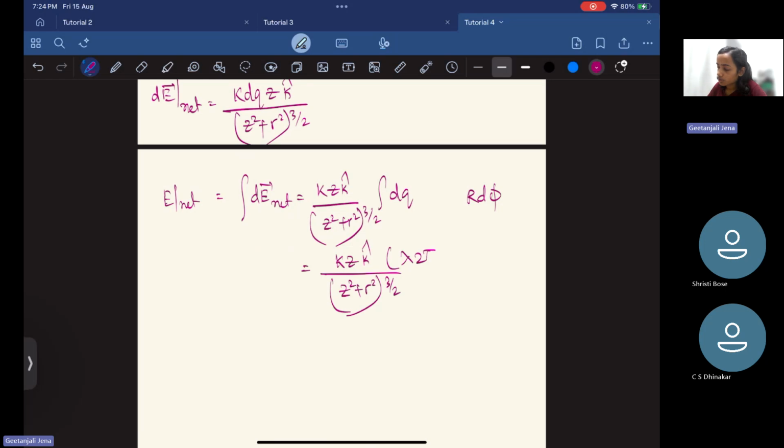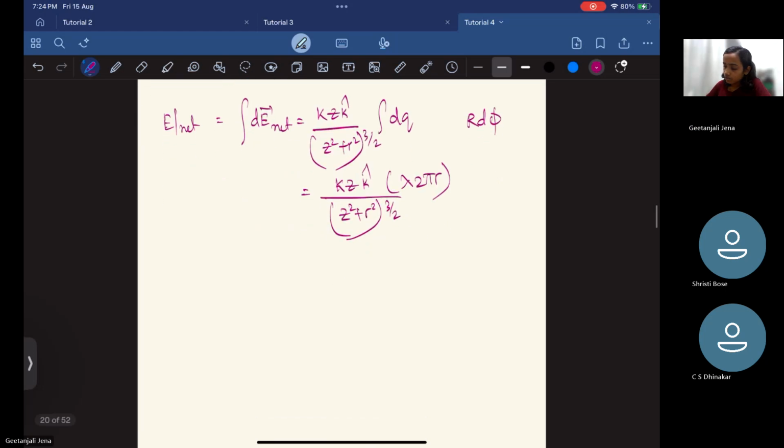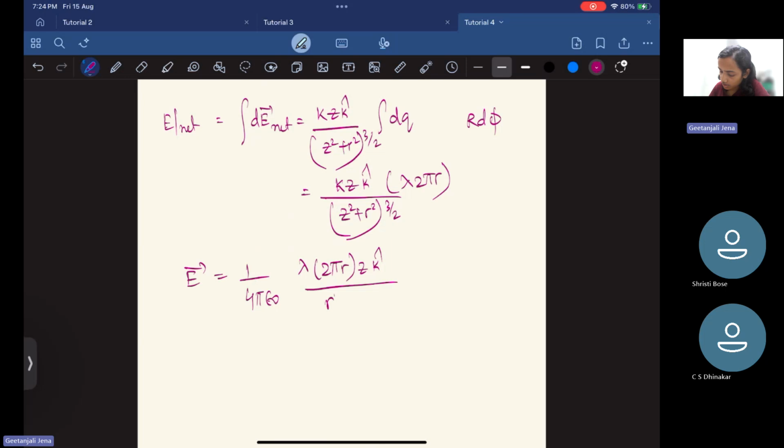So that will be 2 pi R. We are taking R as constant. So we have the electric field now, which will be 1 by 4 pi epsilon naught lambda 2 pi R z k cap by R square plus z square to the power 3 by 2. So this is for the ring.